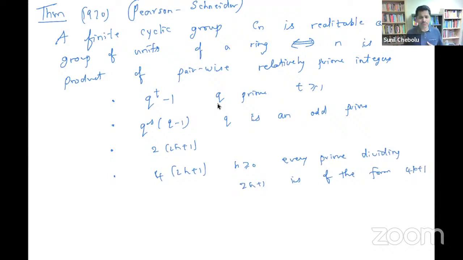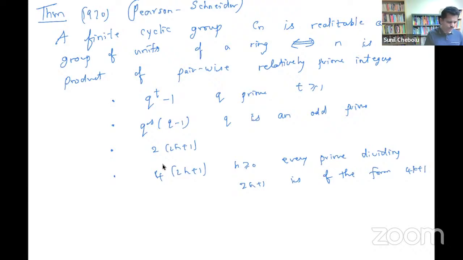So now, using this theorem, give me any positive integer n, and I will be able to tell whether the corresponding cyclic group is realizable as a group of units or not. Well, it's very clear and descriptive. N should be a product of pairwise relatively prime integers, and these should be coming from these baskets.